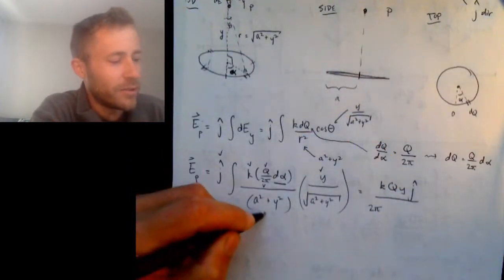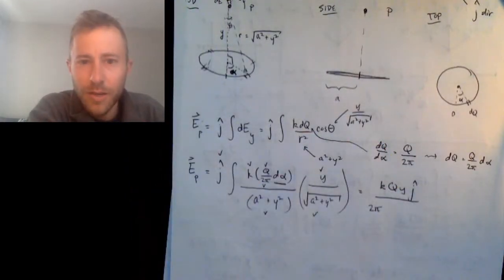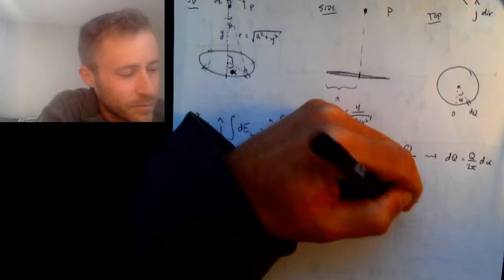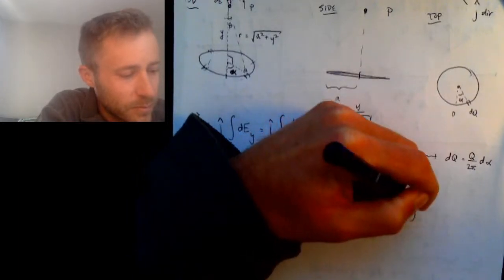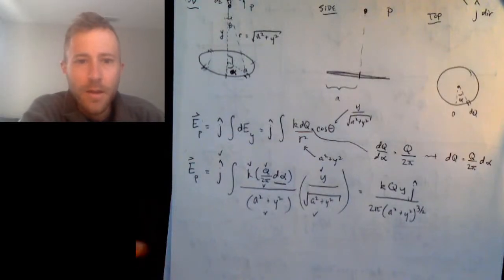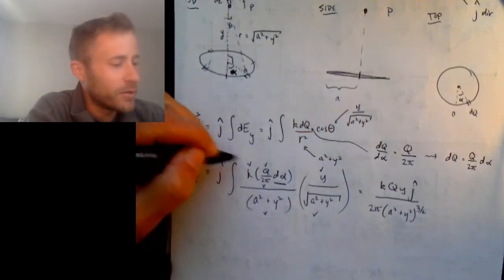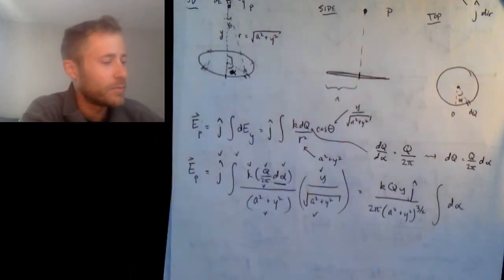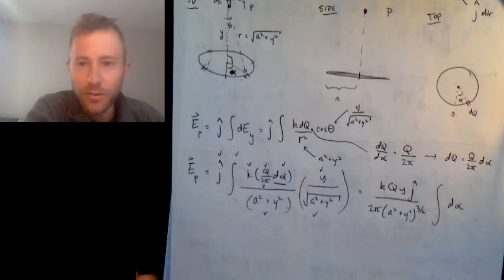And then these are going to combine to make a squared plus y squared to the 3/2. All right. And then I have my integral and my d alpha. So I think everything has a check next to it, so I did it.